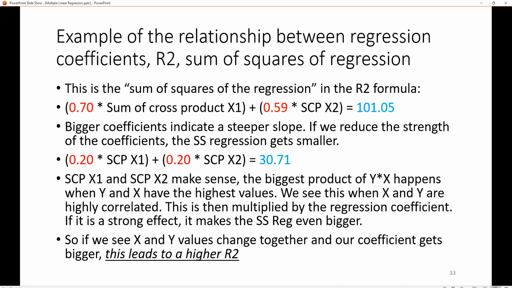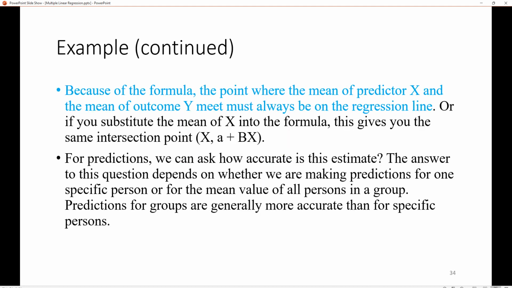So if we have a bigger coefficient or a steeper trend, that would give you a bigger R-square, and that reflects a better model, and actually means the bigger that R-square is, the more reliable it is if you use predicted scores.